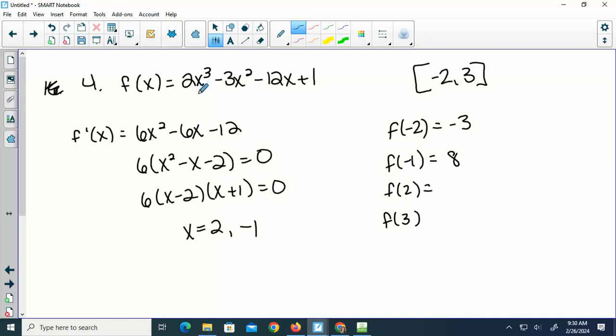Put in 2, 16... and then put in our 3. Okay, so we are plugging into the original equation. So the max is just the highest number, so that would be 8. The min is the lowest, so that would be -19. So is this one okay?